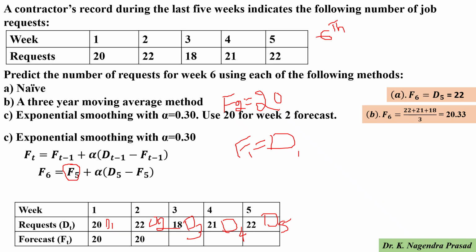So F1 equals D1 and F2 is given as 20. Then we have to determine F3, F4, F5 and then F6.